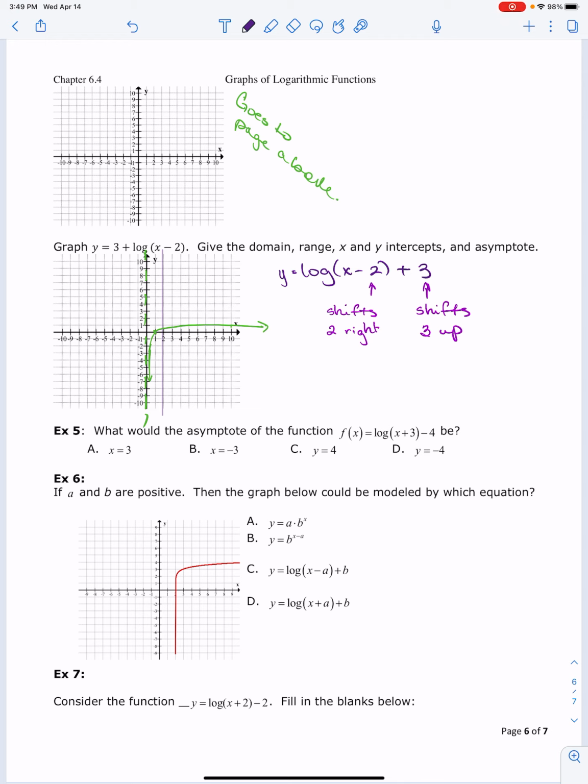My x-intercept there, that 1, 0, is going to go 2 right and up 3. Again, it's only 1 off the asymptote. My other point right here, this 10, 1, 2 right, up 3.